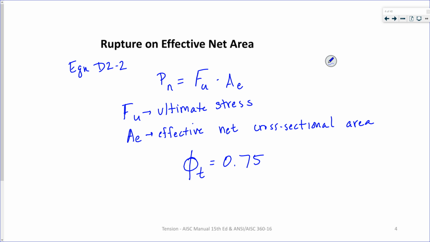Yielding could lead to excessive deformation, but it may still actually have strength, whereas rupture breaks and strength goes to 0. So you want to put a lower phi factor to reduce your tensile strength for the rupture limit state.